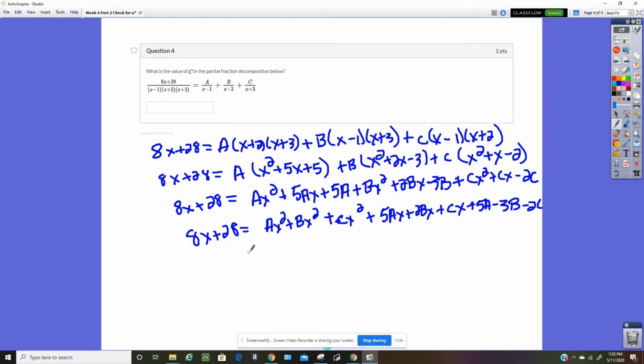So I can make three equations with three unknowns. So A + B + C. There's an x² term, but there's no x² term over here, so that must equal 0.